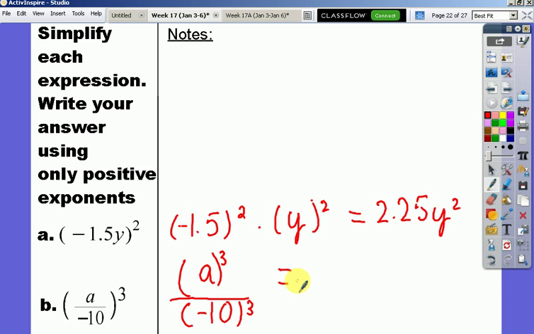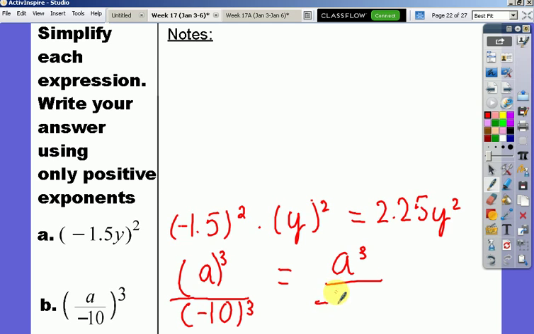Okay, so we end up with A cubed on top and what on the bottom? What's negative 10 cubed? Not positive. It's an odd power, so what's the sign? Negative 1,000.